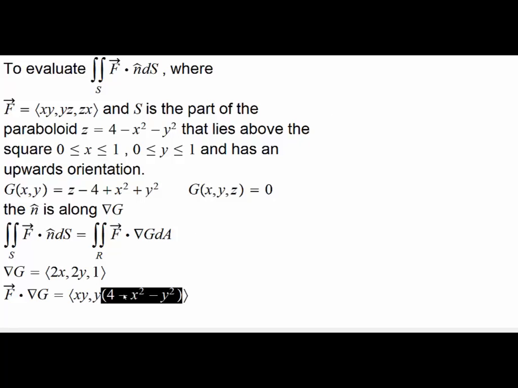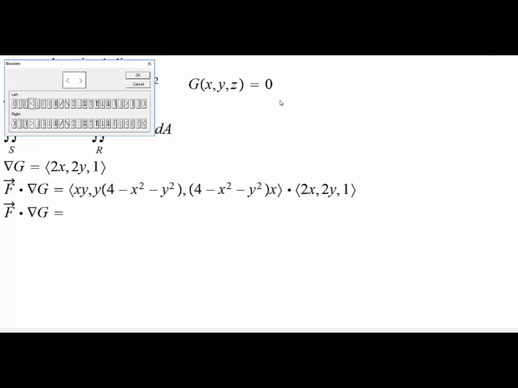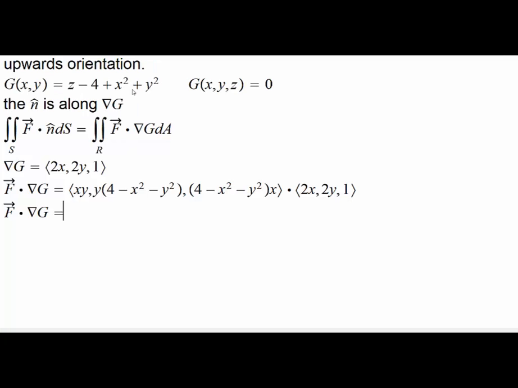So we got this, and in the third component also z is this right here, and then we have x, and then we take the dot product with the gradient of g. Just routine calculation.